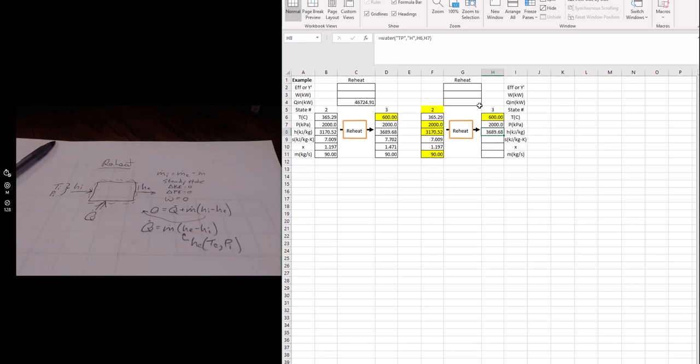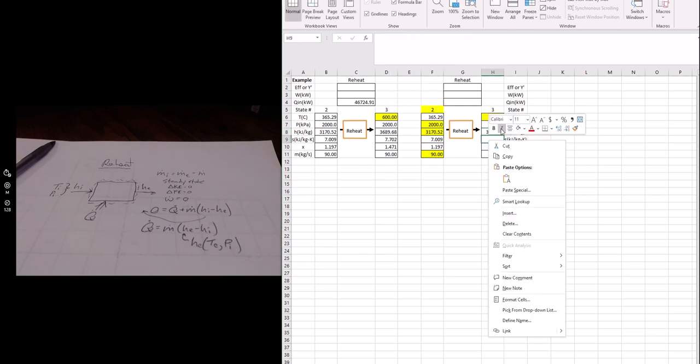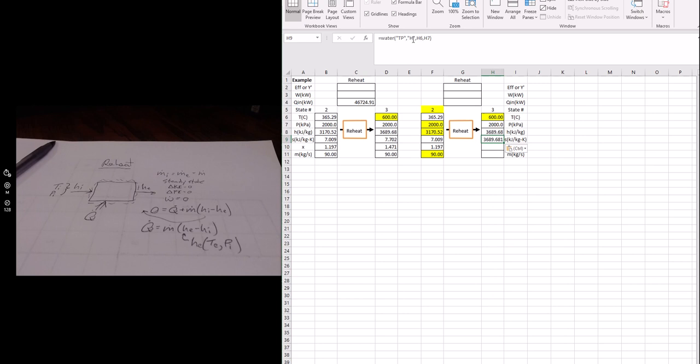And then I could do the same to find entropy, so let me just copy that. Paste it here, except change this to entropy. And then the quality again, x, this pressure, and this enthalpy. So it was superheated, now it's even more superheated, and then the mass flow rate doesn't change.